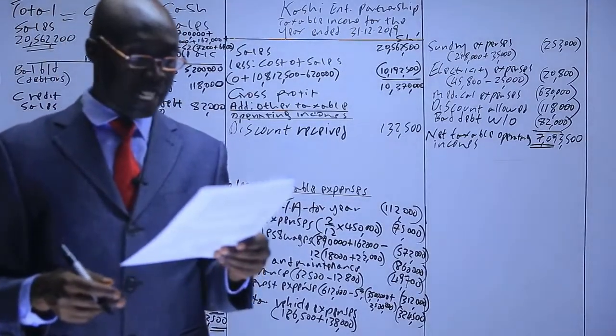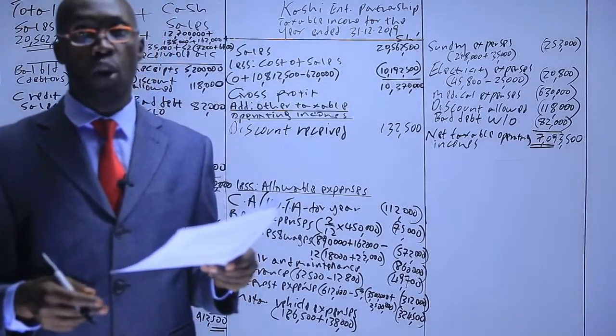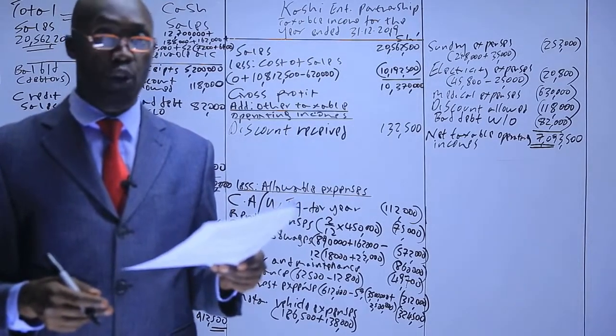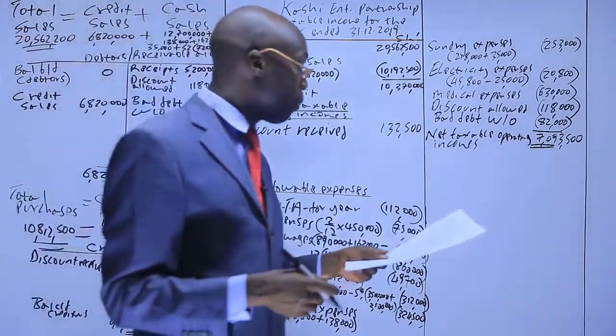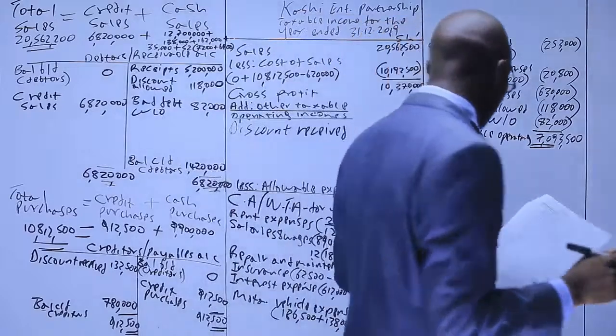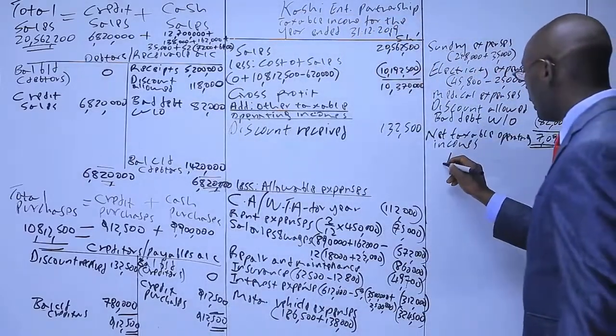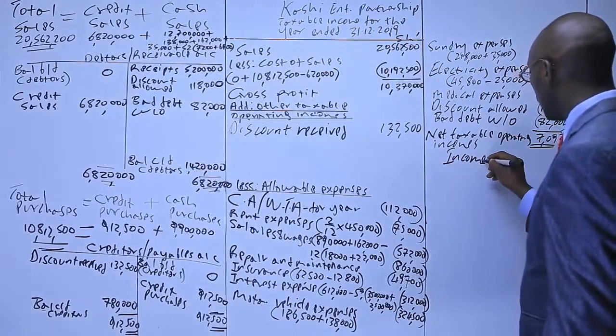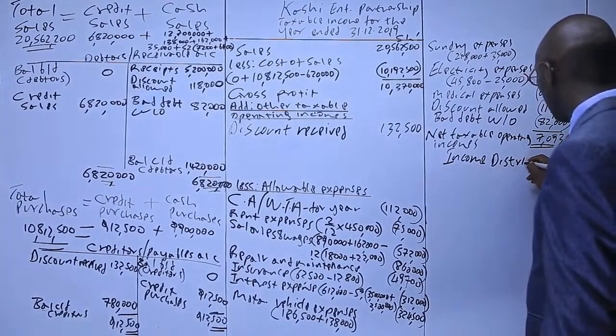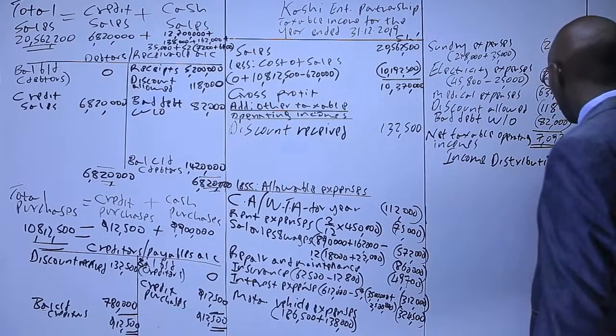With that one, we are supposed to go to the required number 2, where we do the income distribution. So the income distribution schedule, this is what we said or how it is supposed to look like.